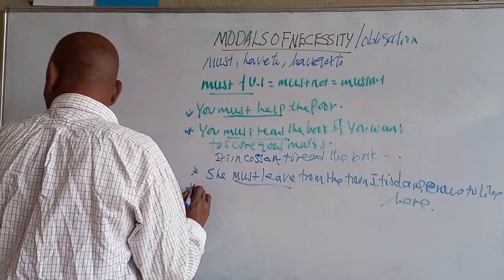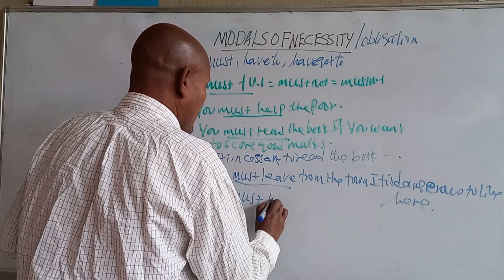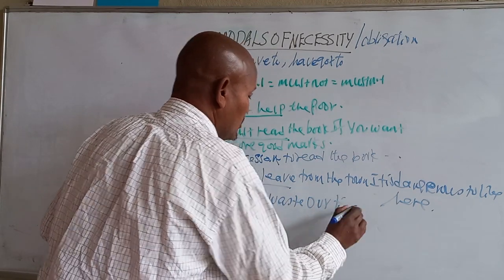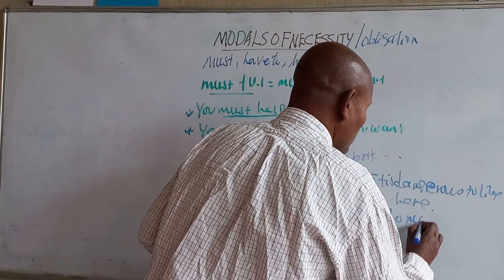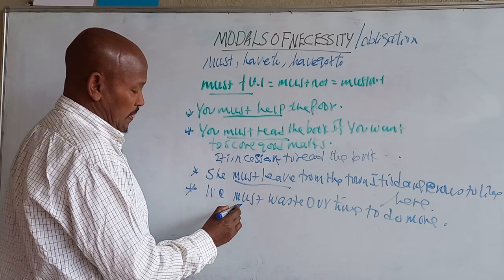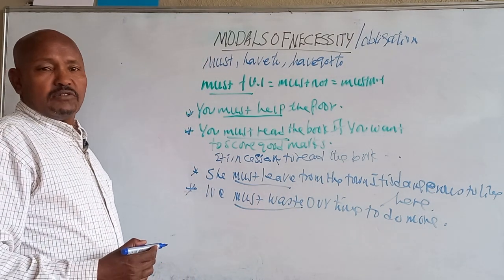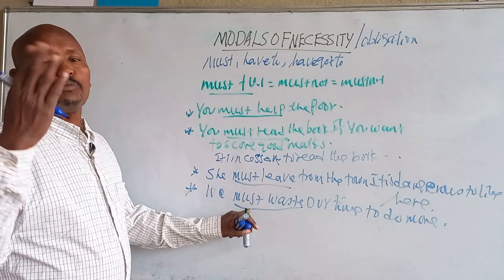Another example here: we must not waste our time. We must not waste our time, so we can do more. It is necessary for us not to waste our time in order to be successful, to be productive.